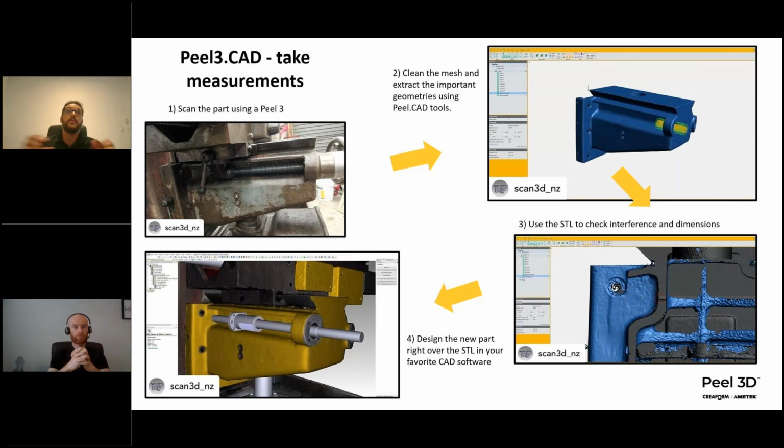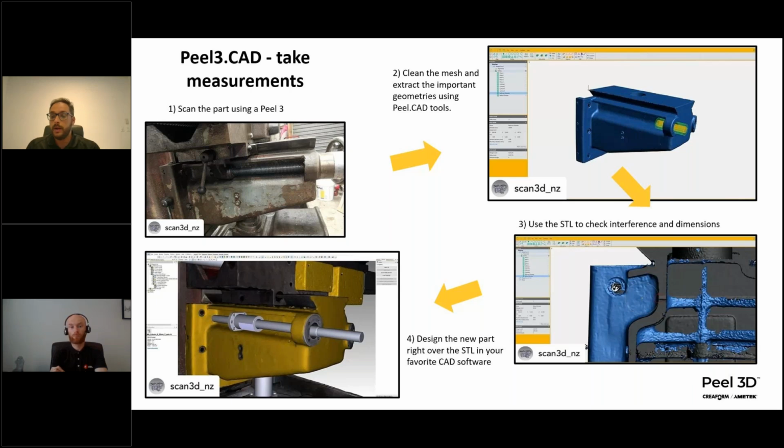Once we get this reverse engineering done, so we have the part done, we can save the STL file, which is a common format for 3D models. This STL file is used to check for any interference and to verify dimensions, ensuring that the part fits correctly in its intended application.